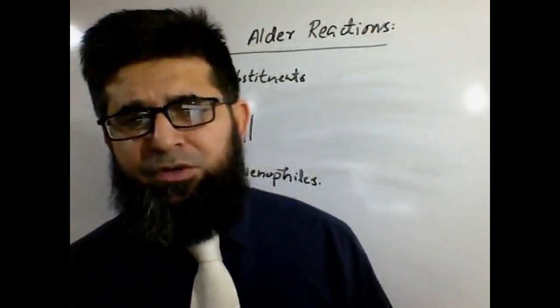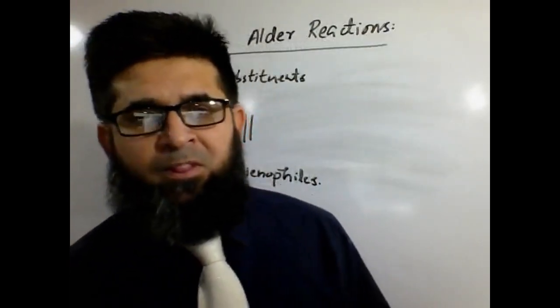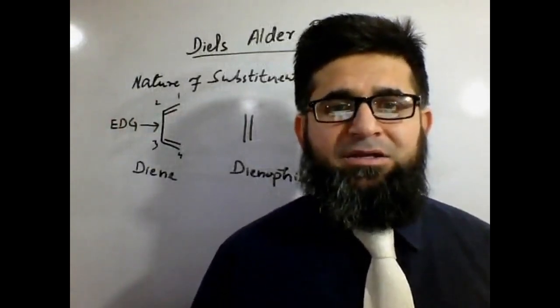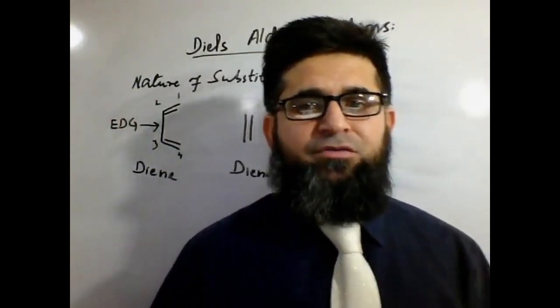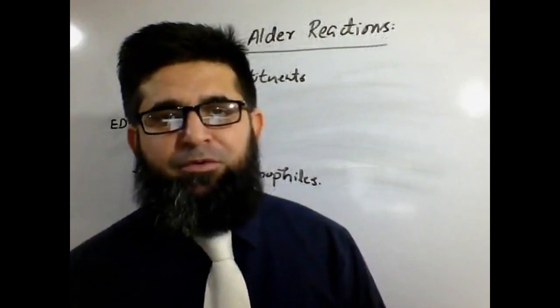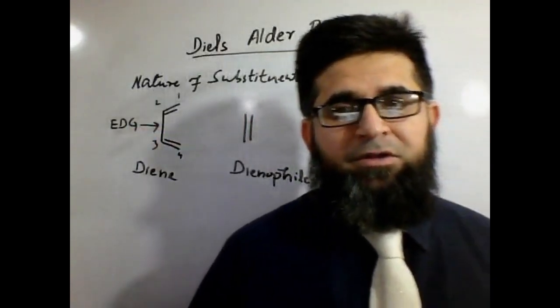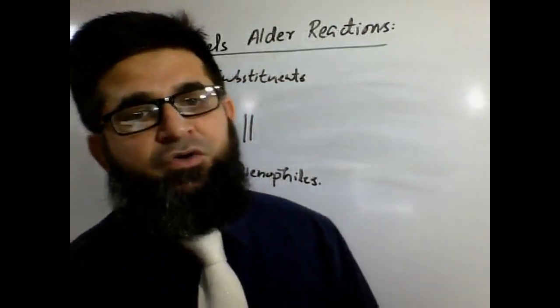As a rule, it has been observed that the dienes, the ones which carry 2 double bonds, undergo reaction at a faster pace, at an accelerated rate, when they carry electron donating substituents.